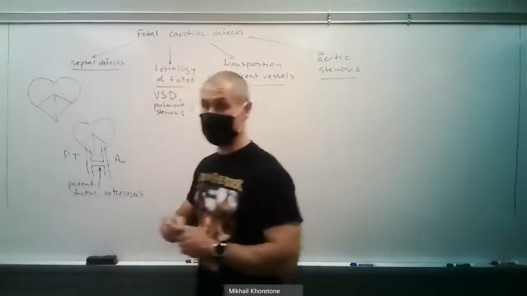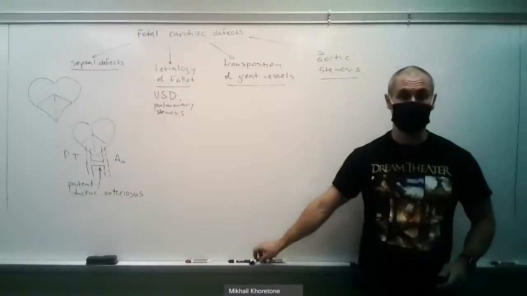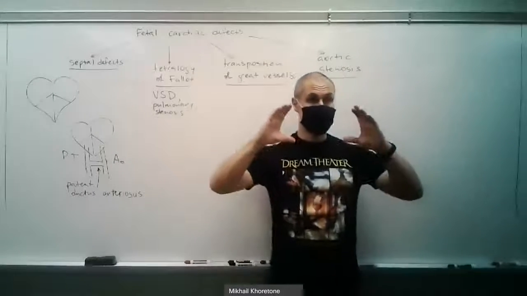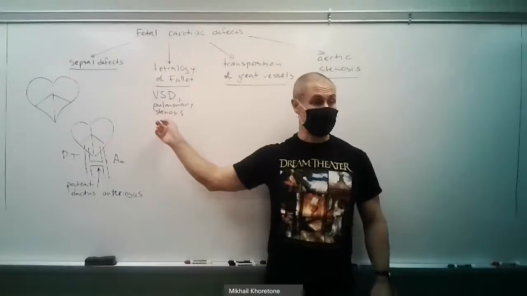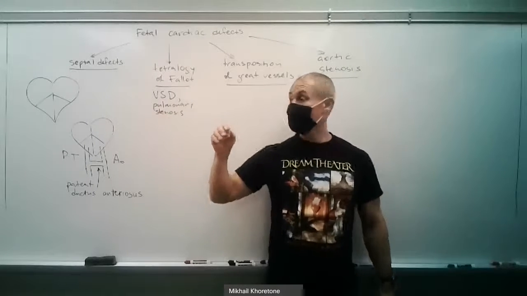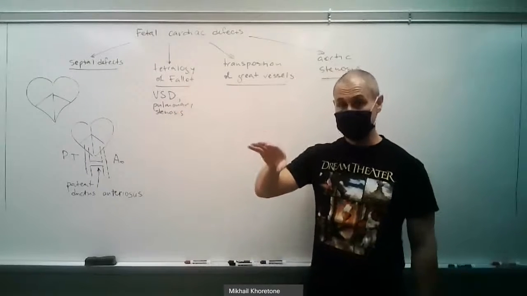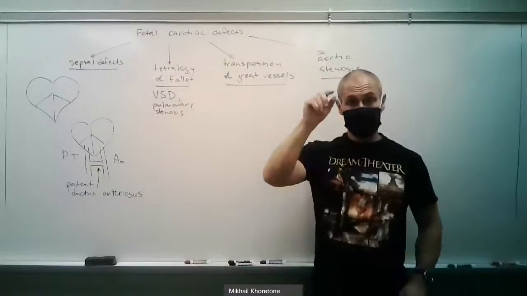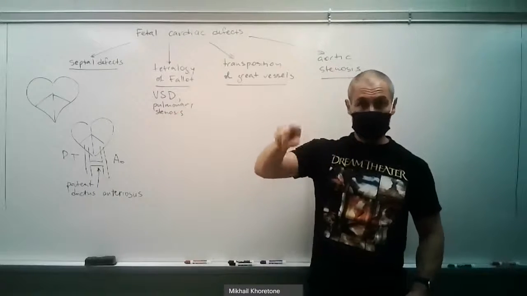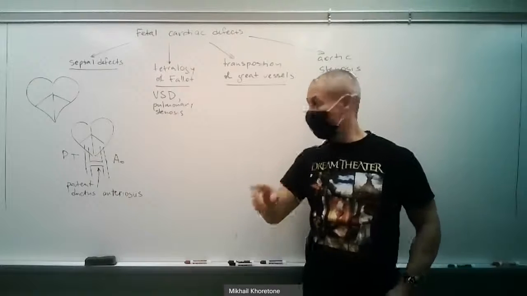Now, are you comfortable with the word stenosis? Stenosis is narrowing down. So pulmonary trunk is narrowed down. Does that make sense? And since there's a ventricular septal defect and pulmonary trunk is narrowed down, the blood from the right ventricle goes through the hole.